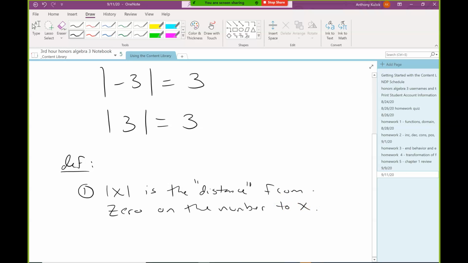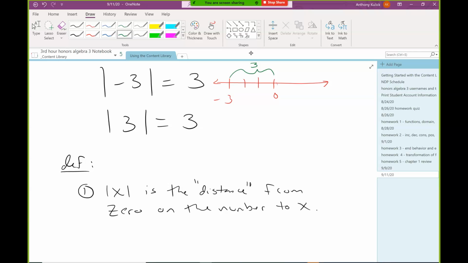So the absolute value of x is really the distance from x to 0 on the number line. So for example, if we're talking about the absolute value of -3, the distance from -3 to 0 on the number line is 3, right?